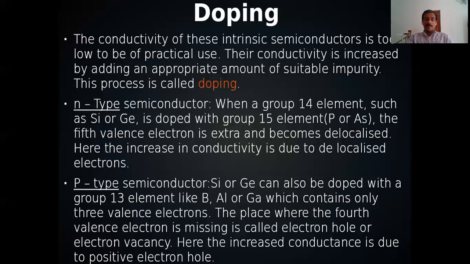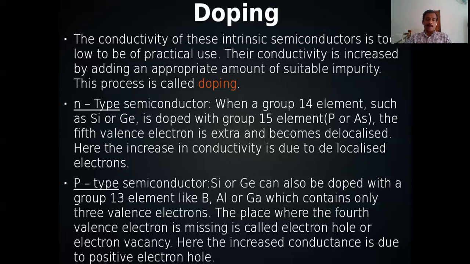If group 14 elements are doped with group 13 elements like boron, aluminum or gallium, which have only 3 electrons in the outermost shell, all the 3 electrons will be paired, but for the 4th electron, there is no other electron for pairing. Therefore, there will be a hole or a vacancy of electron. This hole can move from one end of the solid to the other end, and it also helps in the conductance.